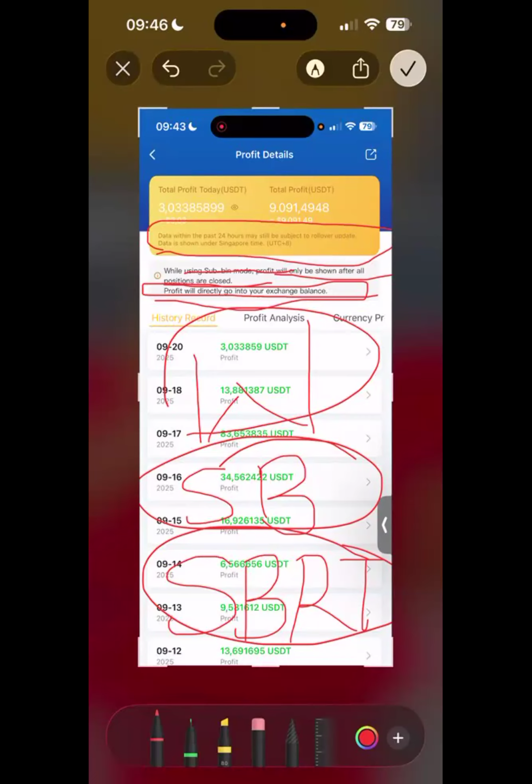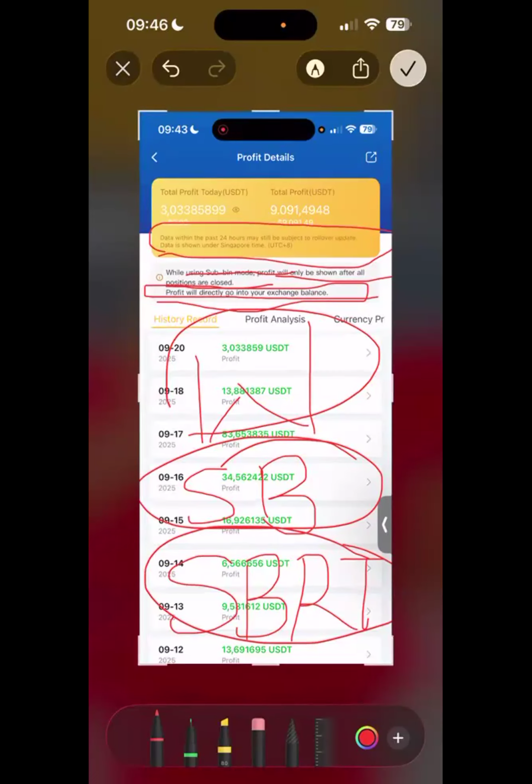But another advantage of the whole warehouse mode is you'll be able to sell in bits. Okay, you can sell 25%, 50%, 75%, and 100% of whatever quantity you are having.